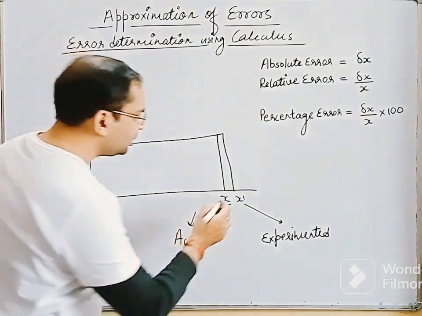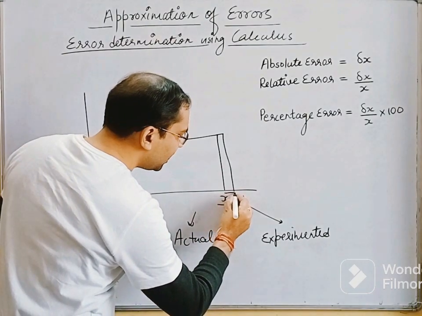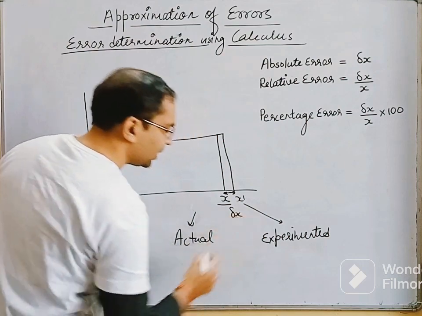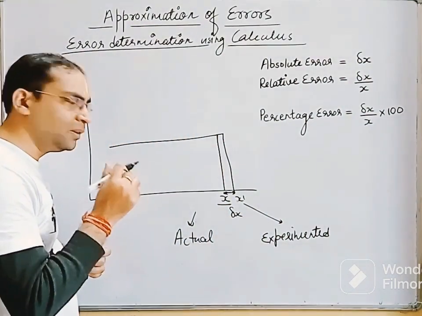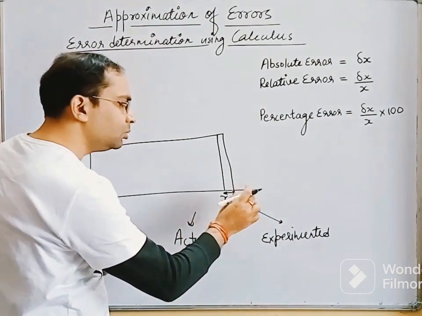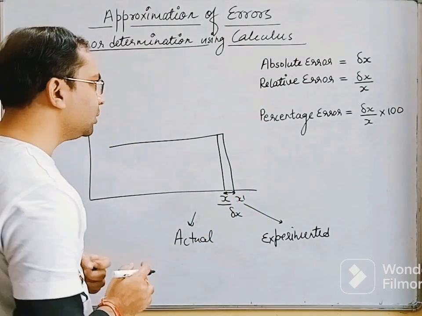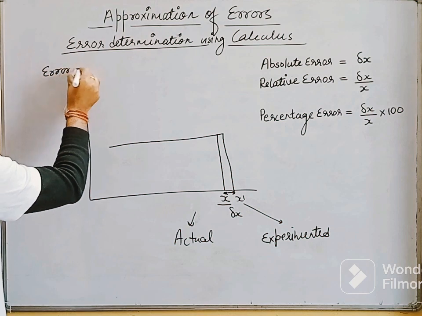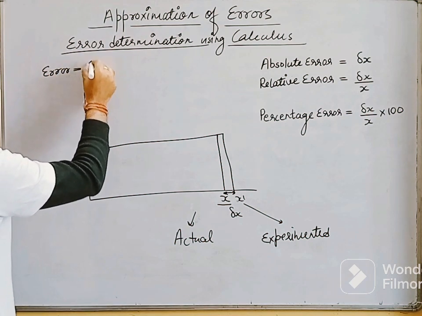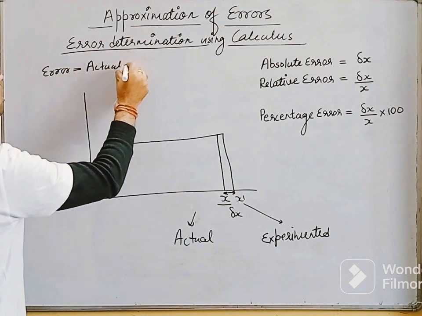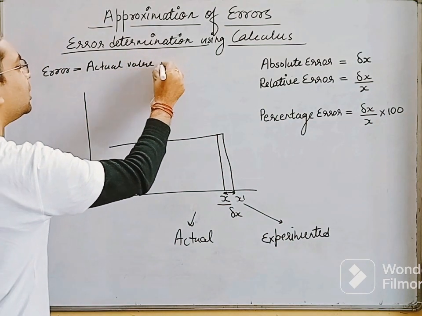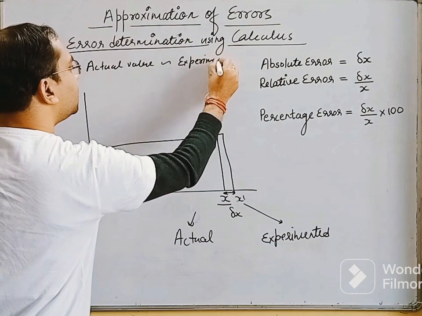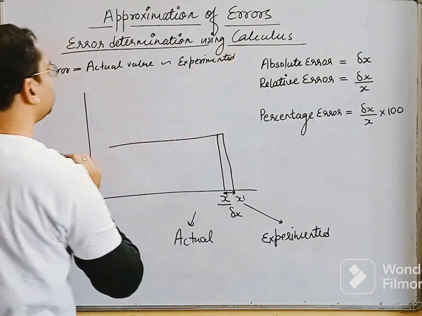So you can see this difference in between x and x dash, and this is indicated by del x, which is the small difference between the actual value and the experimented value. So we can define error as the difference between the actual value and the experimented or observed value.